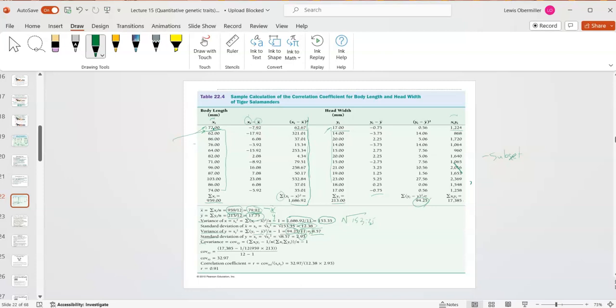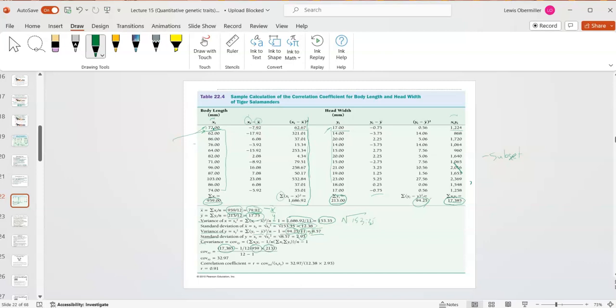We get all these values. We add them all together. That's what we're doing. And then we should get a total of 17,385. That's what this value is here. Now we're going to subtract it by 1 divided by 12, right? That's the number of individuals. And then we're going to multiply the sum of all of our body lengths, which is 959, which is right here, and the sum of all of our head widths, which is 213 right here.